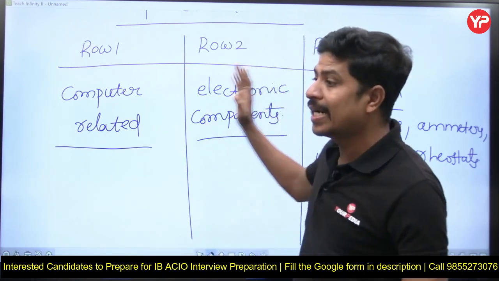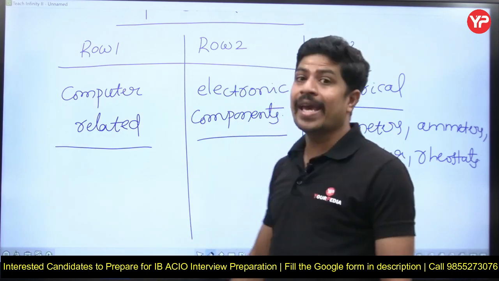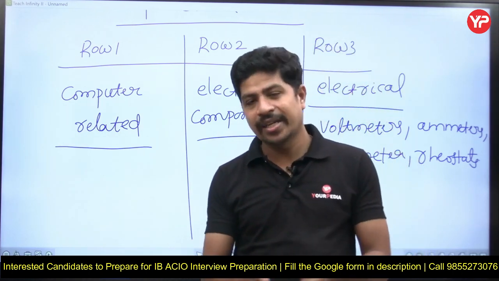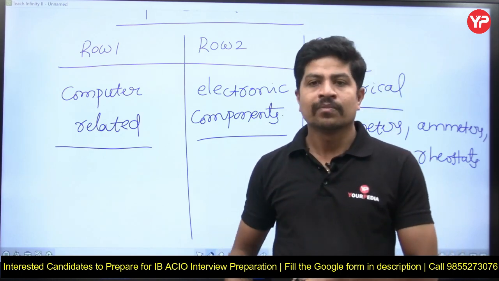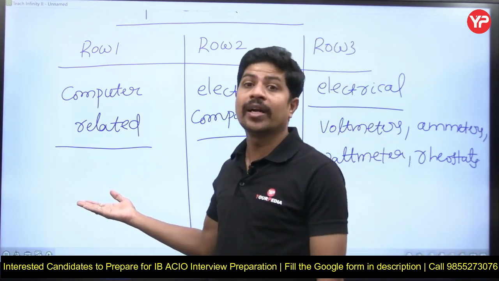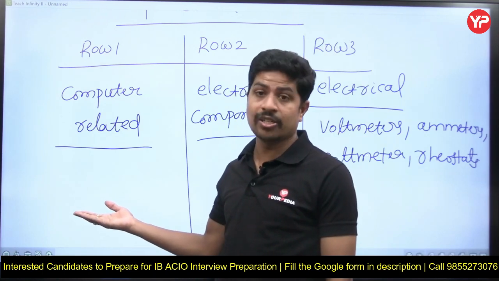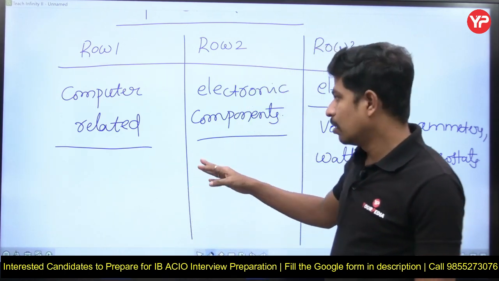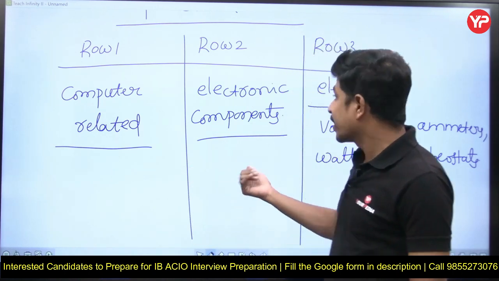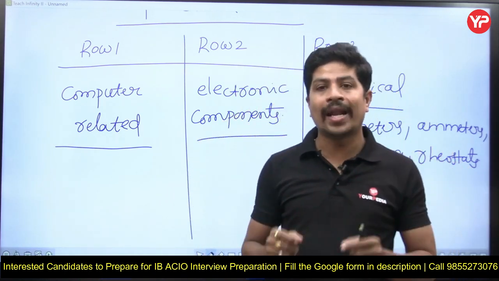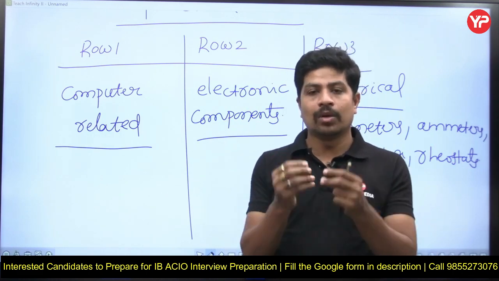So total 3 rows in the practical test of IB ACIO or IB JIO. Both the practical test and the technical interview are there. You must have good knowledge of computer related equipments and their connection and disconnection, configuring and dismantling. The next one is electronic components. You must have thorough knowledge of how to connect them.